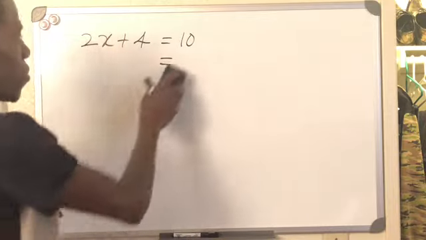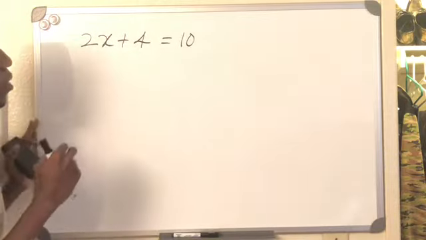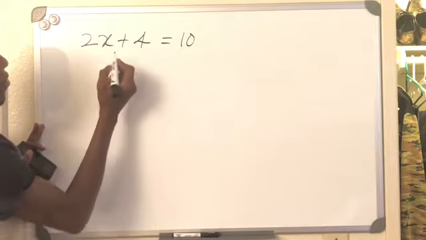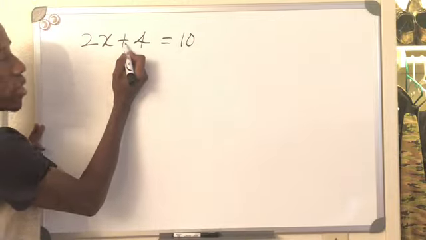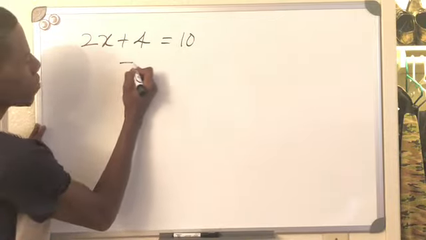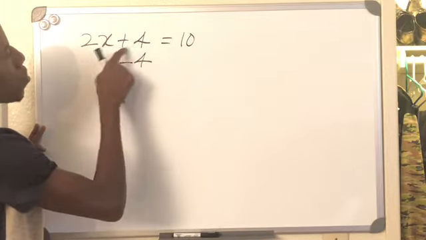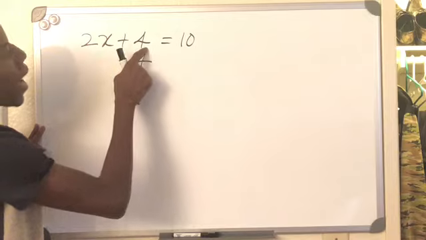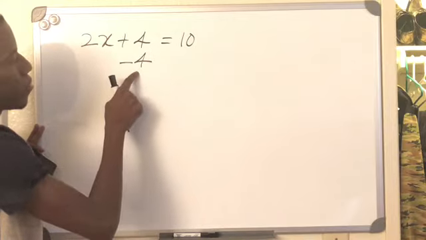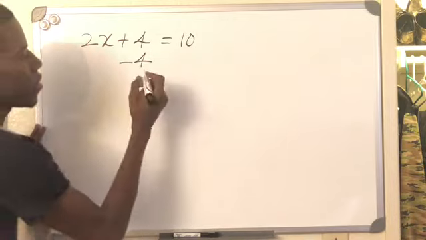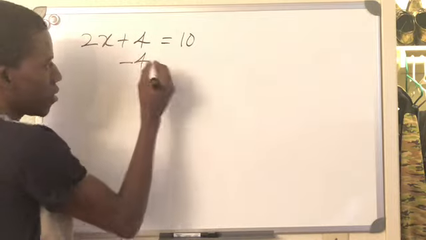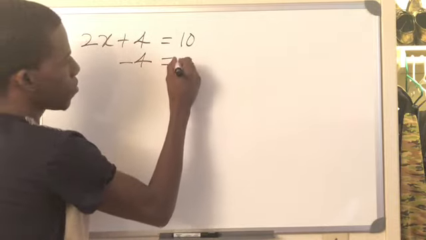So to do that, what do we do? If we have an addition sign, you're going to subtract whatever is added to your variable. That's the first thing. So you subtract it on this side and you subtract it from this side too.